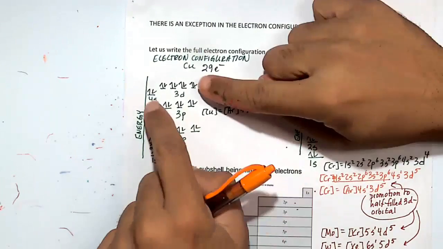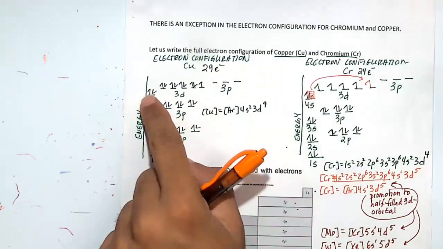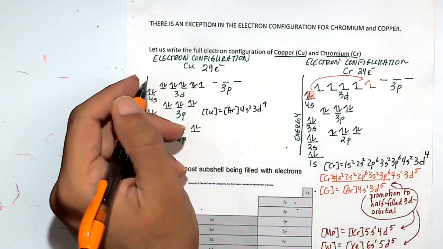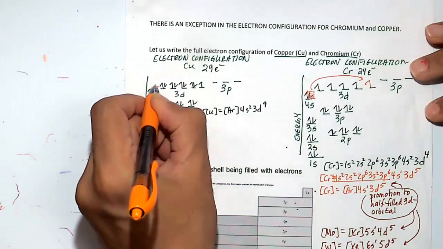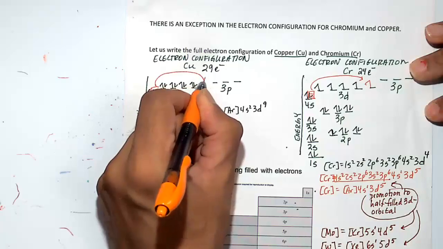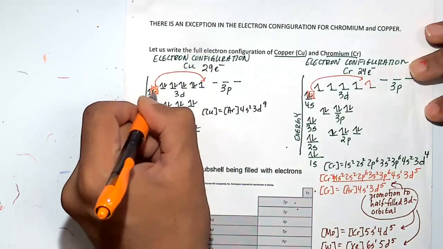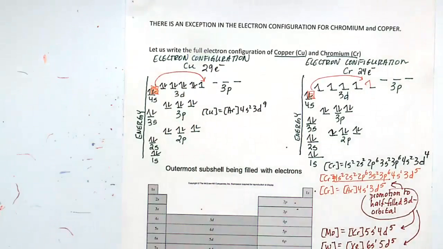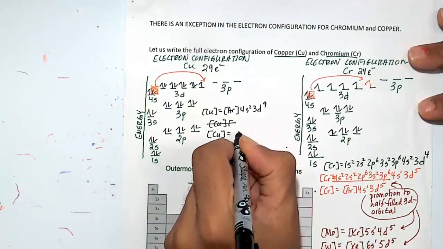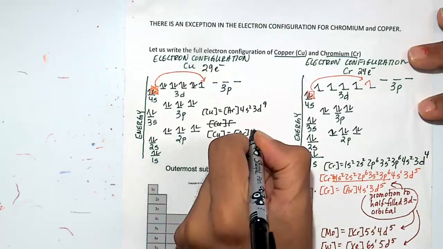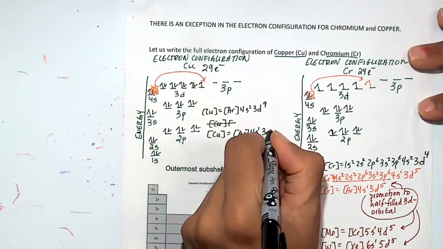Again, the energy between 4s and 3d is very, very small. Like your textbook says, this just happens by itself. So this electron self-promotes to fill up a 3d orbital. The electron configuration of copper is actually argon 4s1, 3d10.